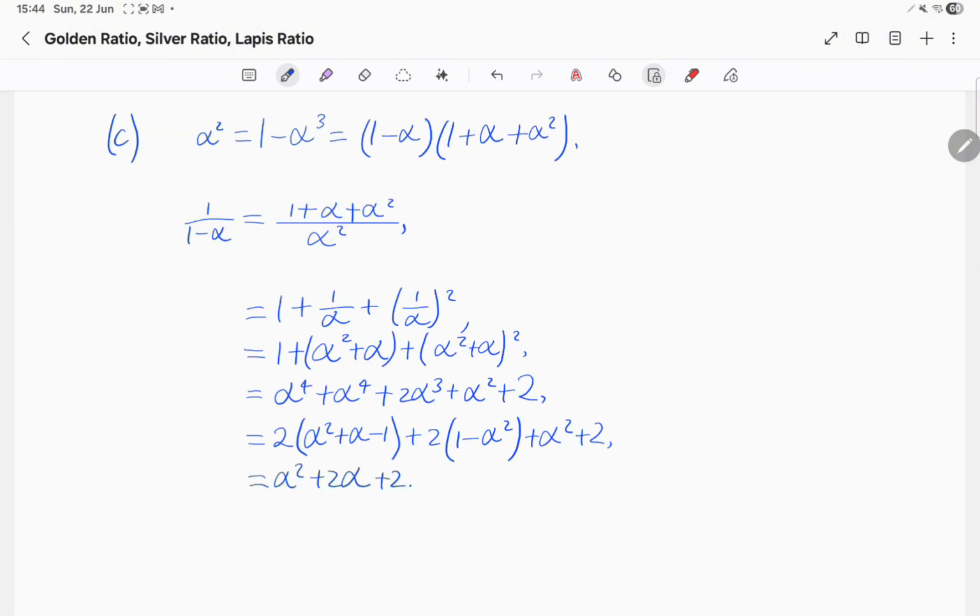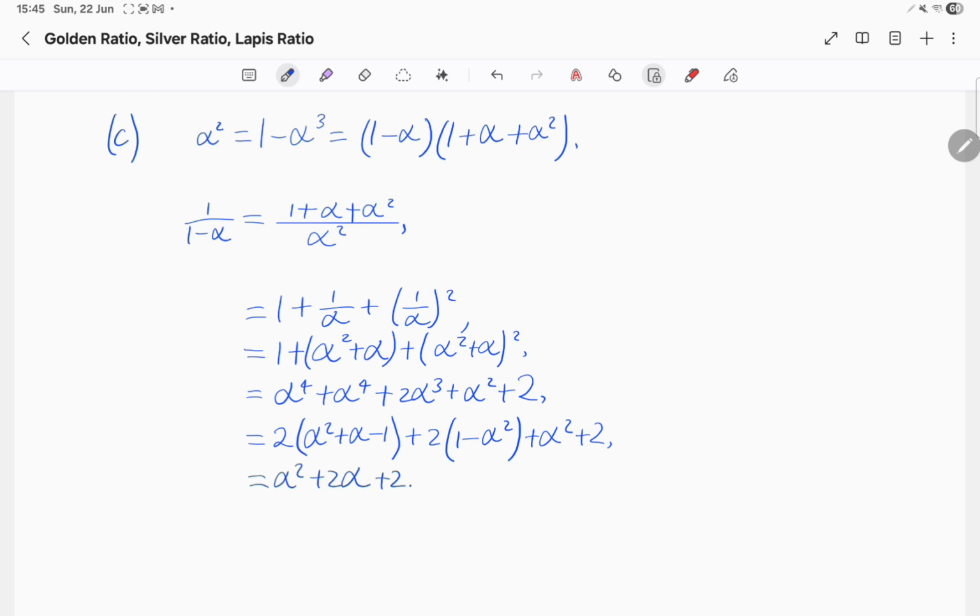We can rearrange the original equation for alpha squared, which is 1 take away alpha cubed, and by the difference of two cubes, this is equal to 1 minus alpha, 1 plus alpha squared. Rearranging this gives us that 1 over 1 minus alpha is equal to 1 plus alpha squared over alpha squared.